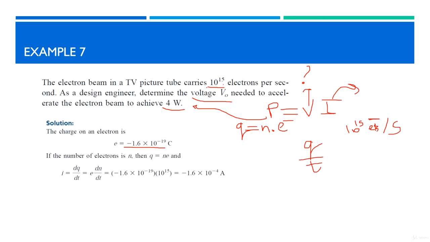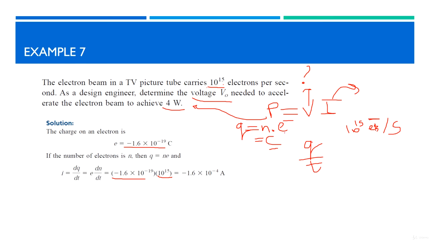So the total amount of charge, or coulomb, is 10 power 15 multiplied by this value.